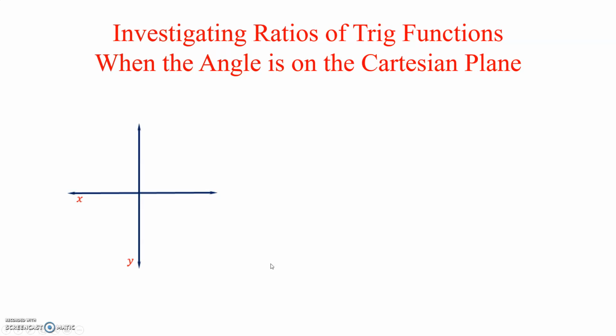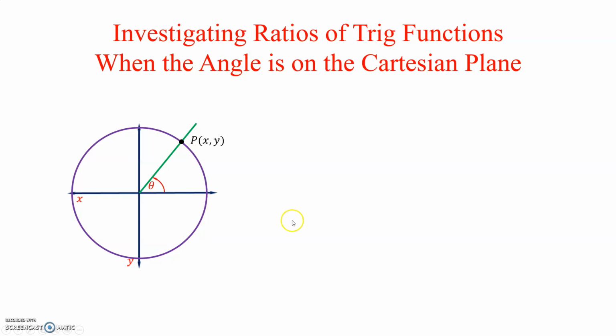So if we had our Cartesian plane and we had an angle, theta. If I drew a circle, the angle intersects the circle at a particular point. This point has coordinates x and y. If we take this point and project vertical and horizontal lines to illustrate exactly where the x coordinate would be and where the y coordinate would be, that helps us.